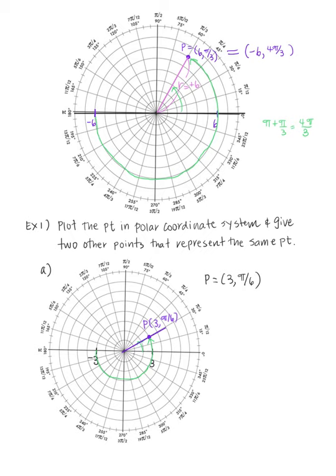So another representation would be starting from negative 3. How much do we revolve? We got pi plus pi over 6. Let me work it out on the side. Pi plus pi over 6 is 7 pi over 6. So that's another representation: (negative 3, 7 pi over 6).